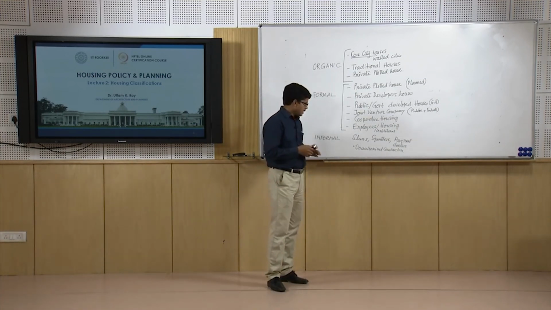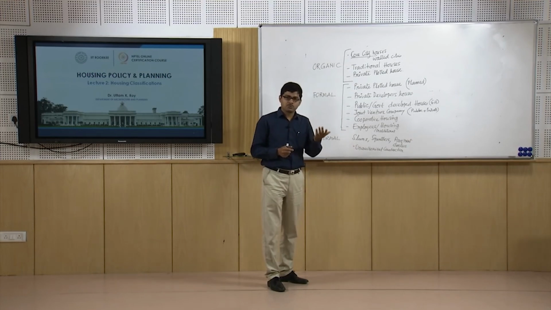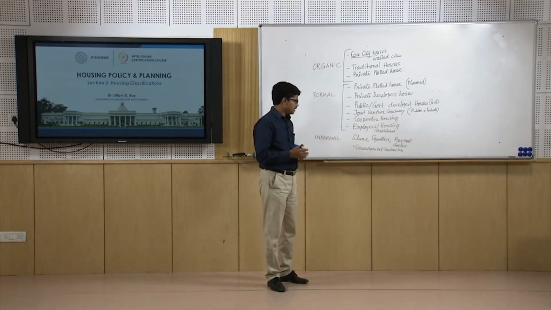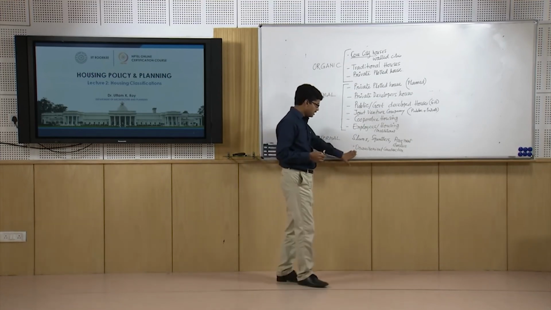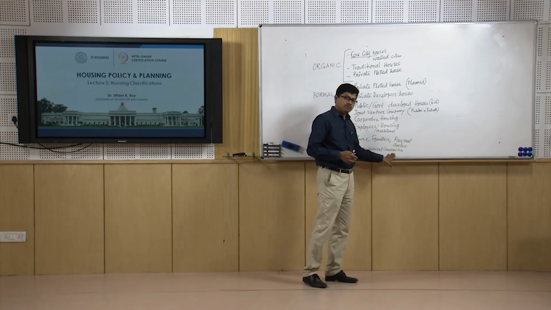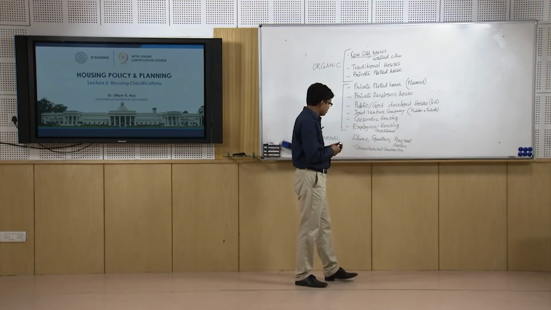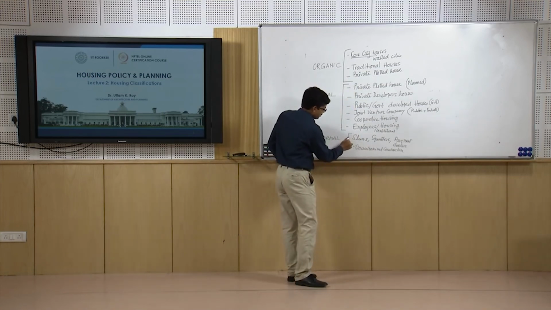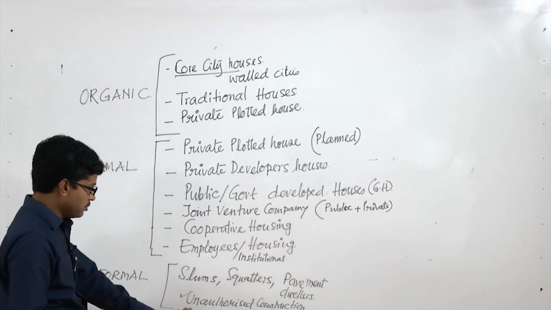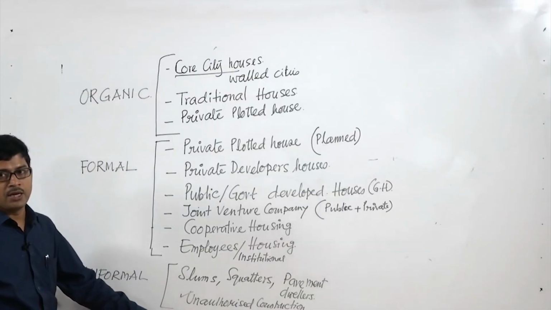For example, maybe they are allowed FAR up to 1, but they are going beyond that and achieving FAR 2 or 3. So those are unauthorized construction, found in almost all the cities. Therefore the slums, squatters, pavement dwellers and unauthorized construction are basically informal houses.